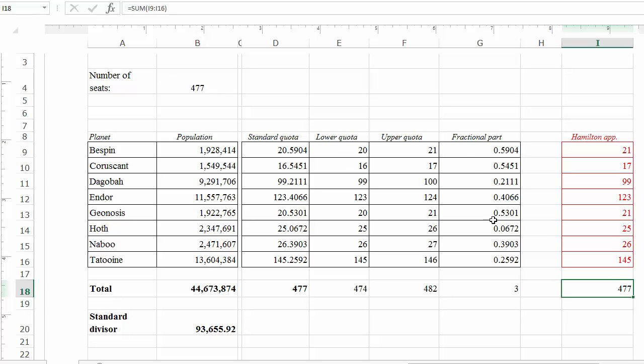We looked at the fractional parts, ranked them from largest to smallest, and using that we gave out 3 extra seats, one to Bespin, one to Coruscant, and one to Geonosis. And so this final column is what we actually call the Hamilton apportionment. That is the actual number of seats given out to each planet that gets us to the right number of seats.